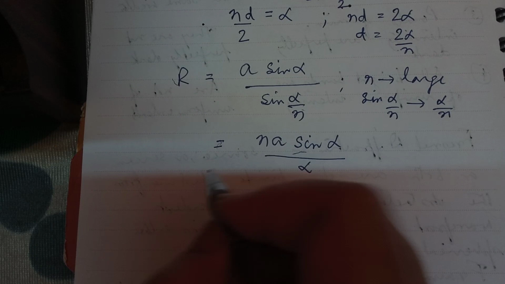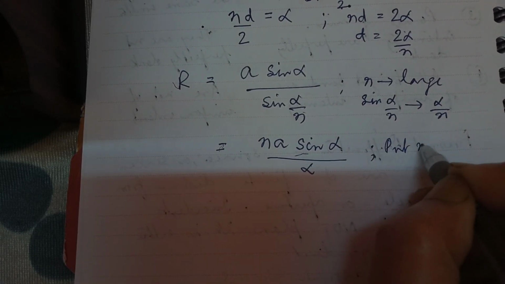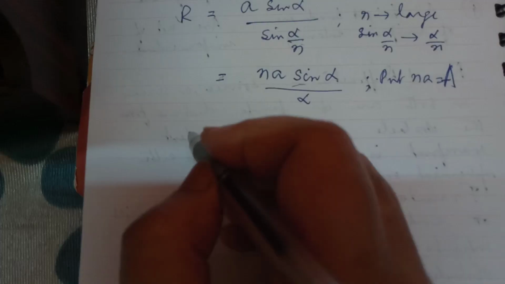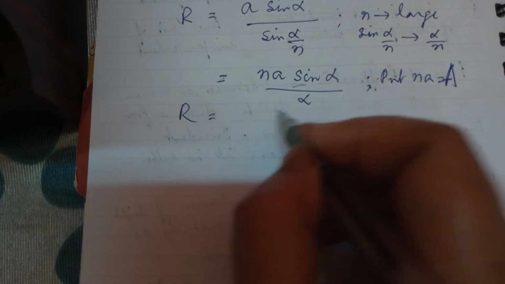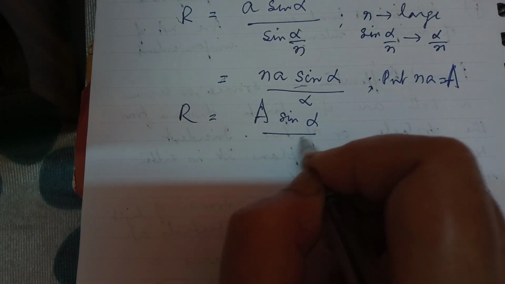Put NA as equal to capital A. So what you get for R is A sine alpha by alpha.